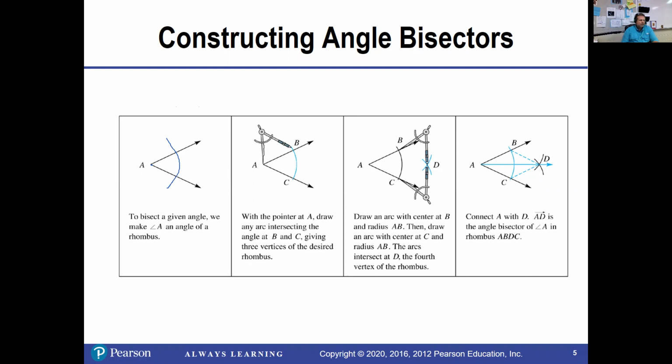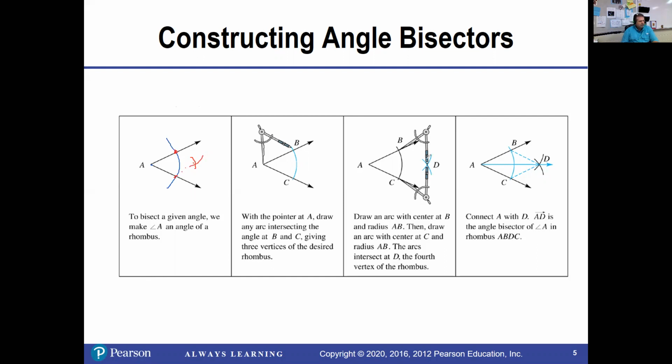Okay, and then you're going to take these 2 points, this point and this point. You're going to stretch your compass to where it goes farther than halfway of this arc. And you're going to start at this point and make an arc from that point, and then using the same distance from this point, make another arc.